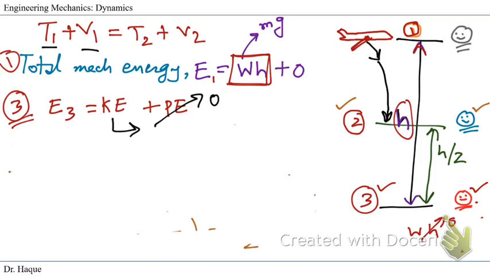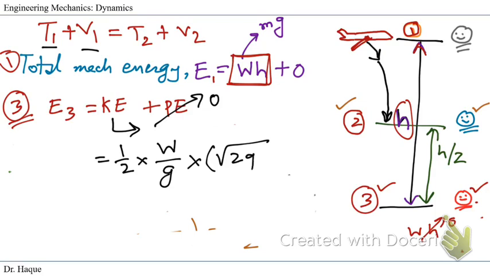So we have the maximum kinetic energy, and we can find it using half m times the velocity squared, which equals W over g times the square root of twice gH, because last time we had H over 2, now we have the full height H, all squared.